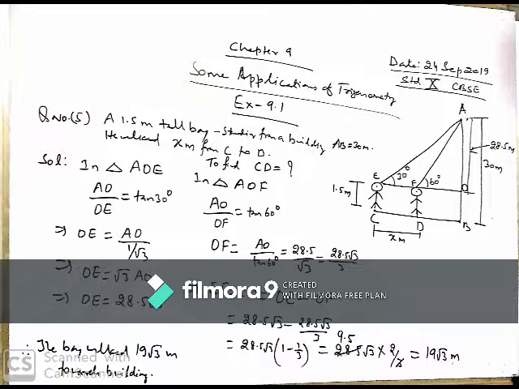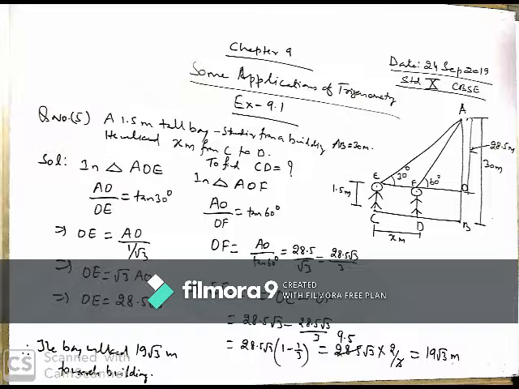So we go for 28.5 root 3 minus 28.5 root 3 divided by 3. Taking common 28.5 root 3, it becomes 1 minus 1 by 3, so we get 28.5 root 3 into 2 by 3. This 28.5 can be divided by this 3, so we get 9.5 into 2 root 3, and that will become 19 root 3 meter. Yes or no?